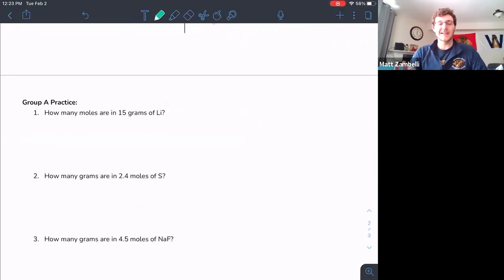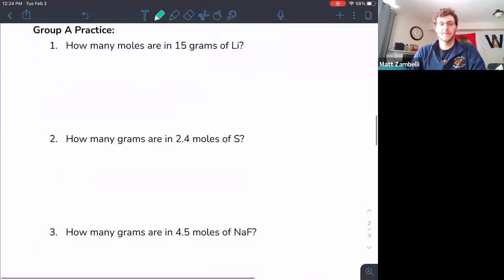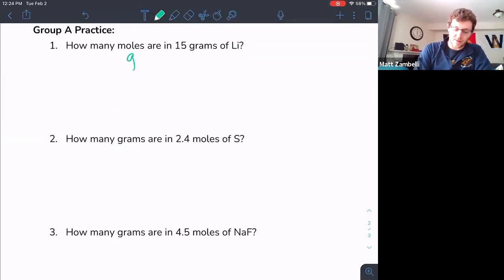Can anybody tell me our pathway, or what we're going from and what we're trying to get to? What units do we start with? We start with our mass, perfect. So we're going from grams, or mass. And what are we trying to get to?